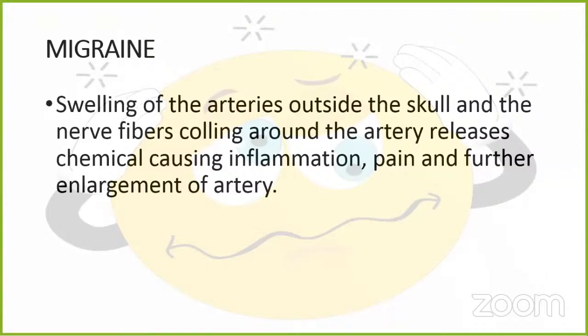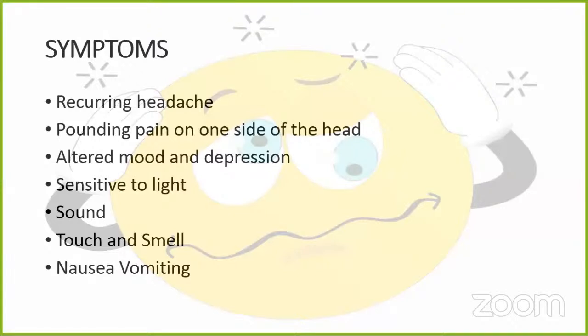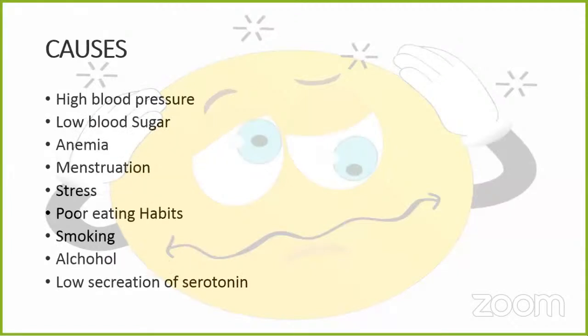So what are all the causes for migraine? Chemical changes in the brain, changes in brain chemicals like serotonin, and a decreased, low level of serotonin could also be one of the causes leading towards migraine. And for some people, in women mainly, if they are going to get menstruation, that may lead them towards migraine. So here we need to know the triggers, because it is based on the trigger.